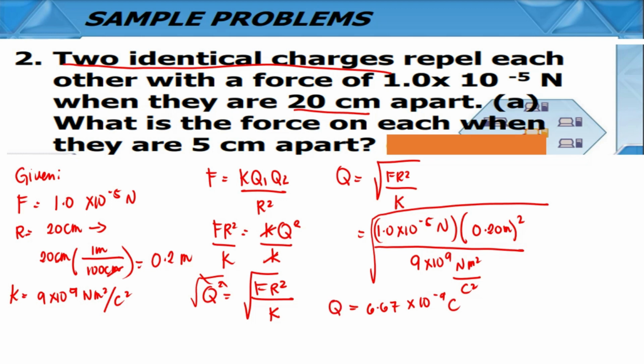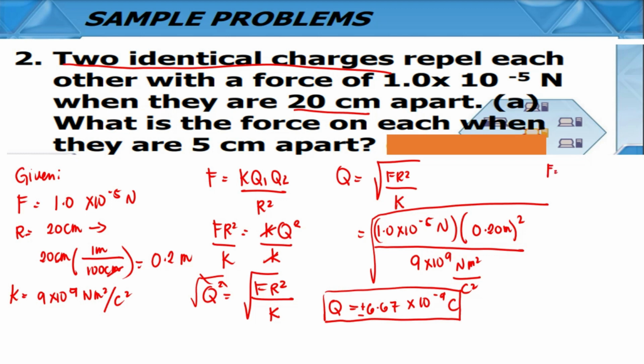But since they are identical, we can say that this value for Q1 and Q2 can be both positive or both negative. So that will be our Q1 and Q2. Since meron tayong Q1 and Q2, we can now solve for our force at 5 centimeters. So same formula.